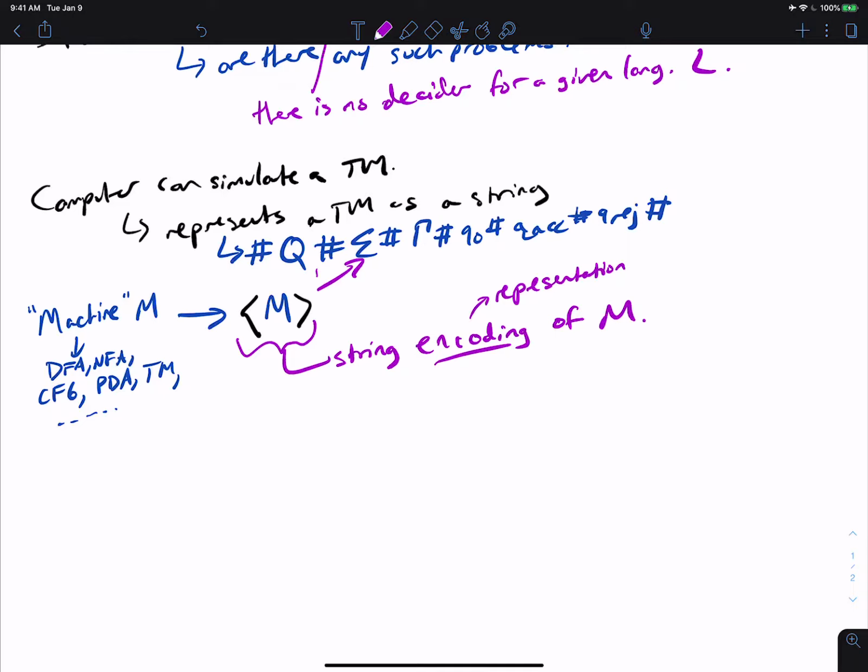Maybe we flip-flop the order of the things in the list. Maybe we don't have delimiters or something like that. As long as, once we're given the string, we can determine what the machine actually is in a finite amount of time, then that's all we actually need.